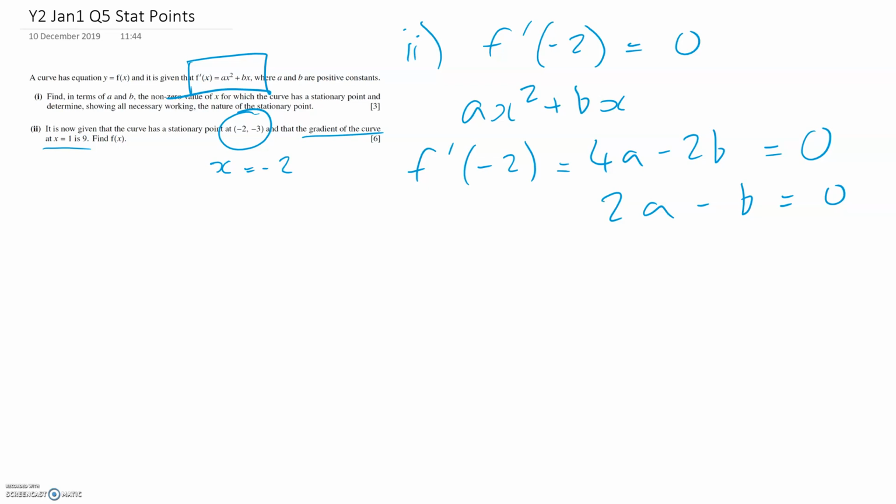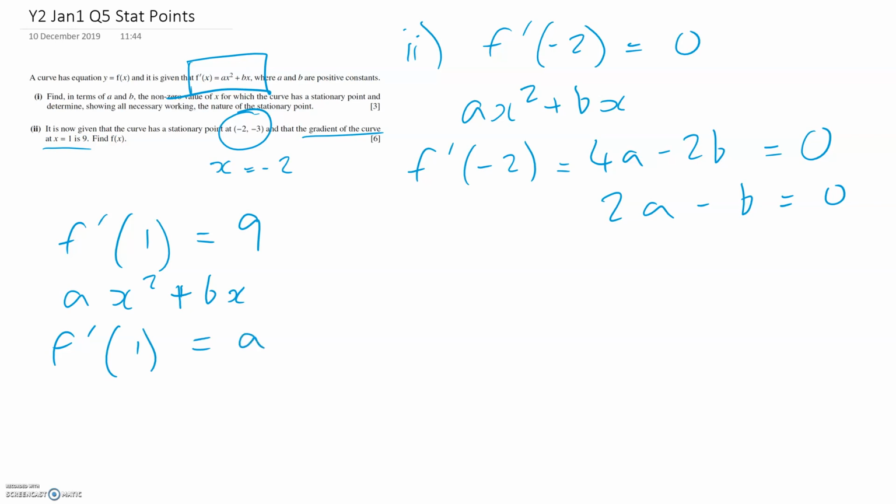So that tells us that f dash 1 equals 9. Again, we're using ax squared plus bx for f dash x, and if we substitute in 1, that's going to give us a plus b, and we know that equals 9.